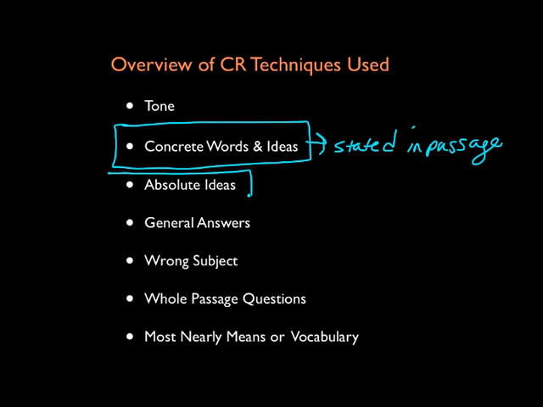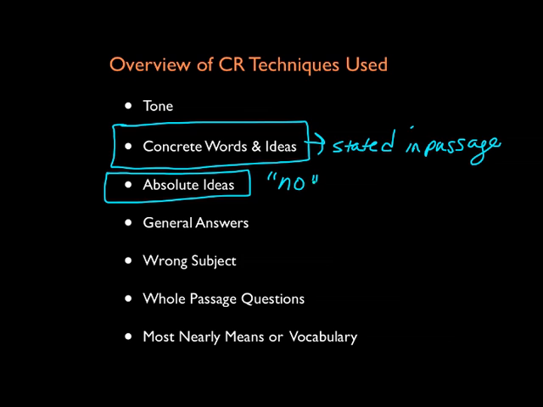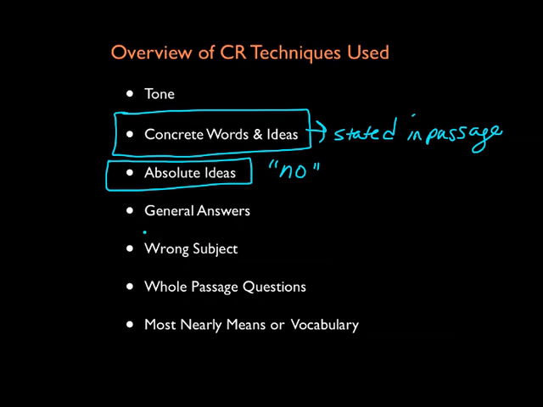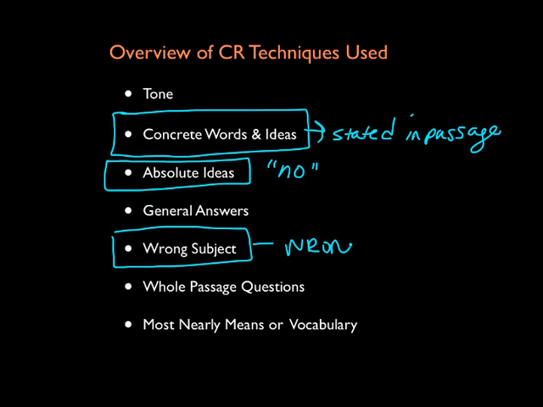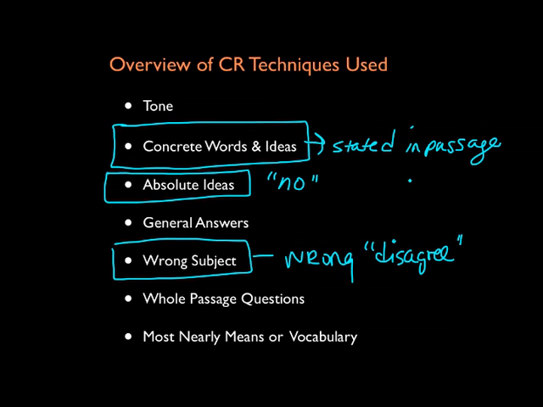We also used the next one, which is absolute ideas, because we had that idea that her family played no part, and we know her father did. And then we also used, in an interesting way, the wrong subject, because if we weren't looking for what was wrong or what she would disagree with, it would have been easy to get this one wrong.